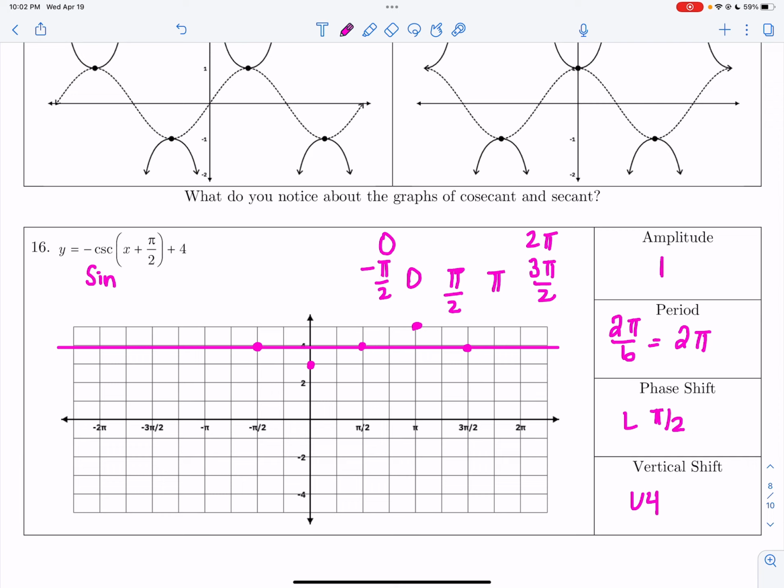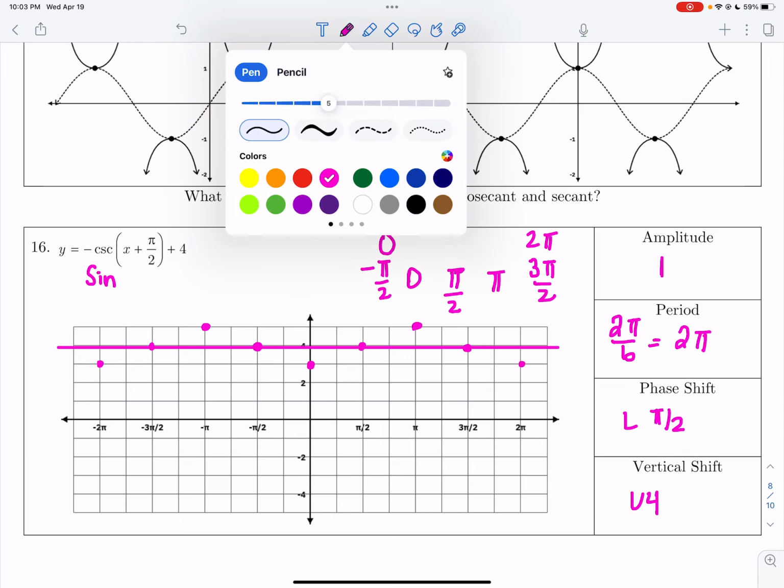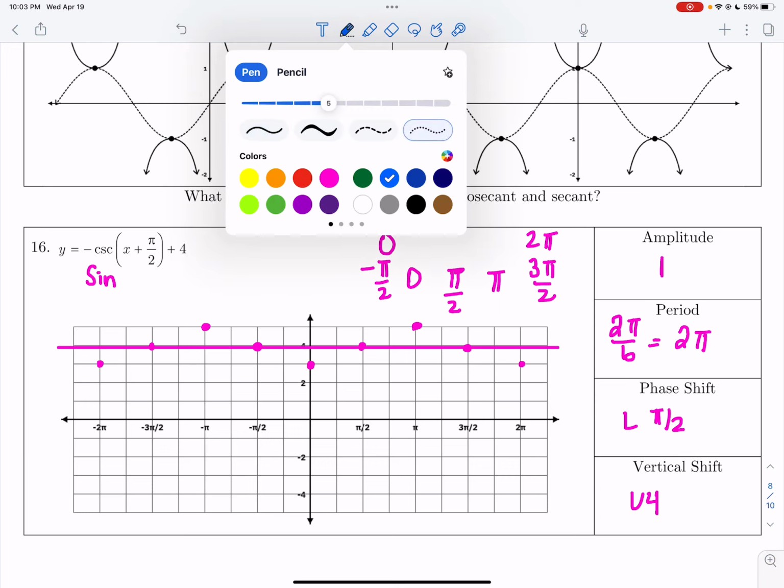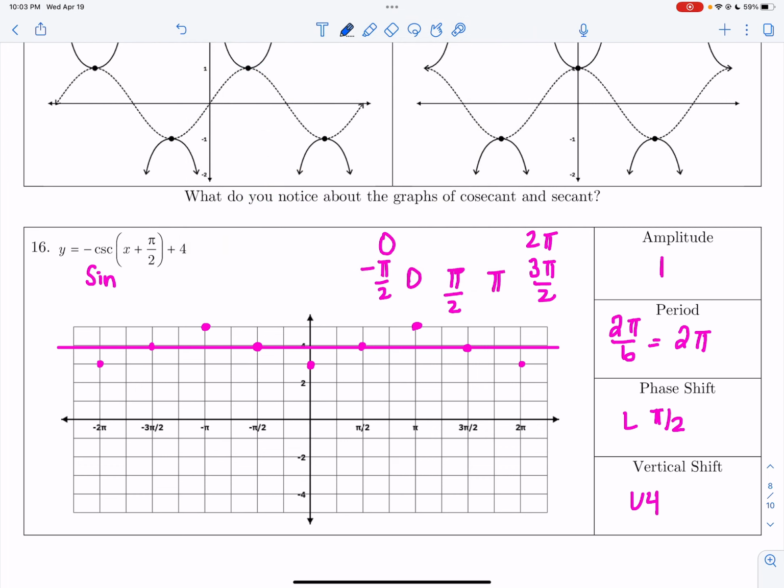And of course, I'm just going to repeat this process. And then I am going to lightly graph this.